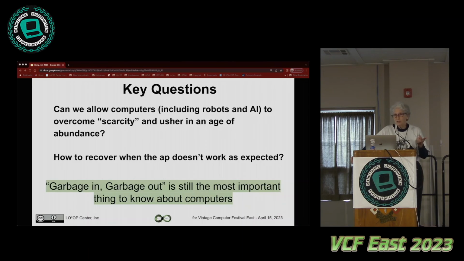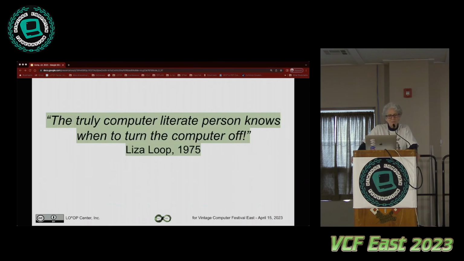We have to learn to interpret what's real, what's imaginary on the screens that are ubiquitous. And what I've been saying since 1975 is that the truly computer literate person is the person who knows when to turn the computer off.